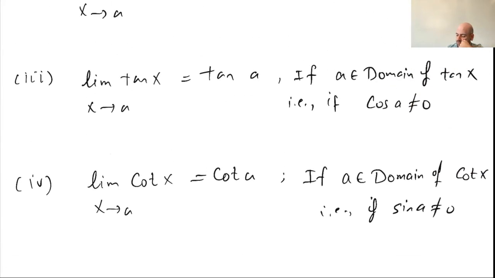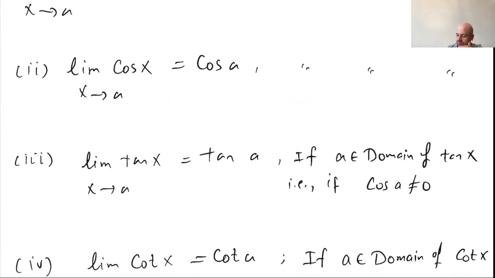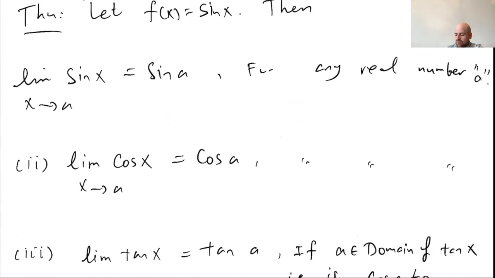For sine x, cos x, tan x, cot x, everything's straightforward. What about, for example, sine 2x or sine 2x plus 1? In that case, we need to look at the composition of two functions. For the composition of two functions, later we'll provide a theorem about continuity.